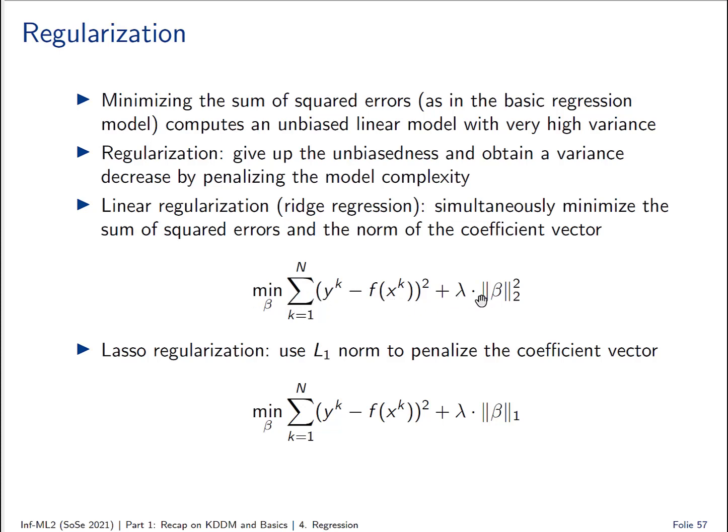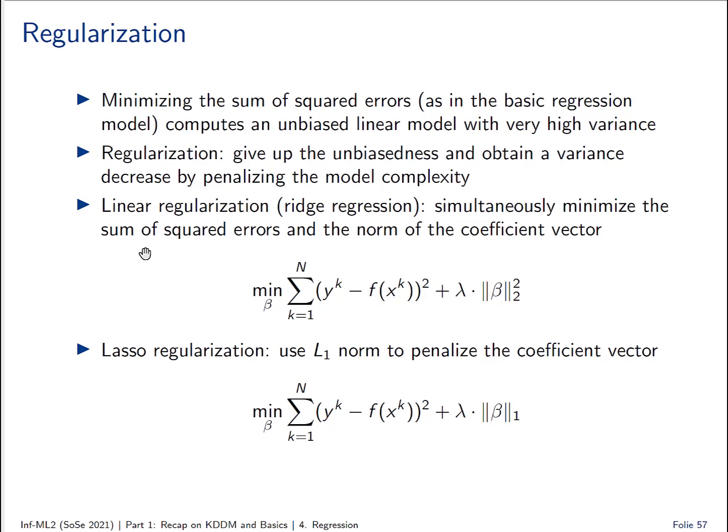Plus now, and that is the regularization term here, the linear norm of the coefficient vector, and the coefficient vector beta here, that is actually the model complexity. Because the model f here is based on a coefficient vector, and the larger the coefficient vector is, the higher is the penalty, so to say.